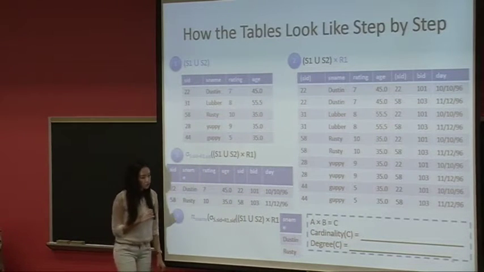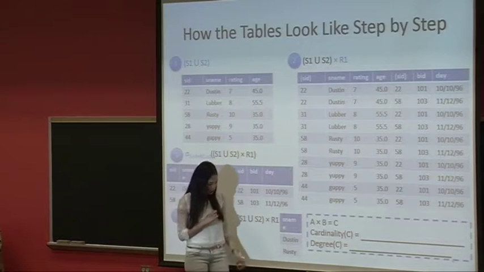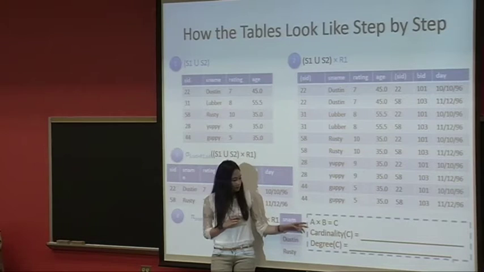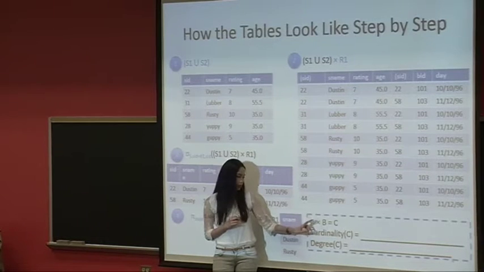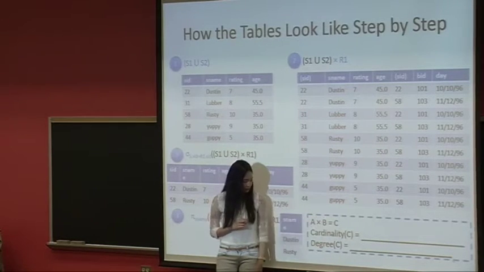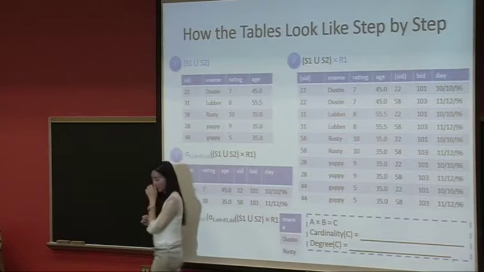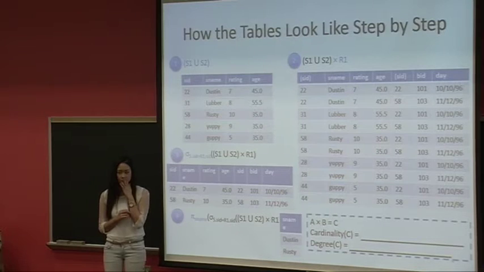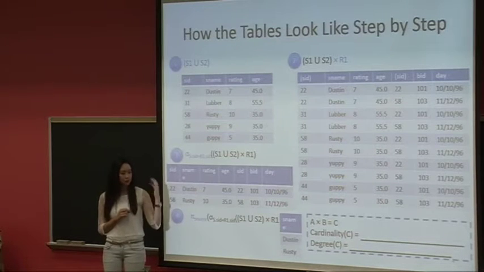So I want to take a really quick note on cross product. This is kind of tiny, but I guess you can see it on your slide. If A taking cross product with B gives us the result C, what's the cardinality of C? Remember which direction is cardinality? Number of rows.